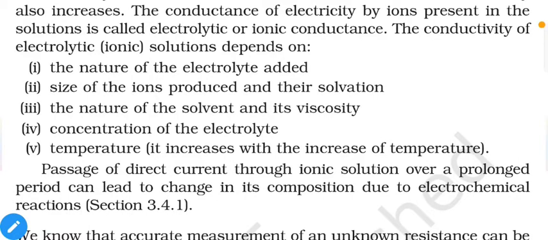Suppose you want to produce certain metals from seawater. For example, sodium metal can be produced from seawater because seawater contains NaCl, and by the reduction reaction of the sodium ion, we can obtain sodium metal from seawater. So by passing electricity, we can change the composition of our materials.